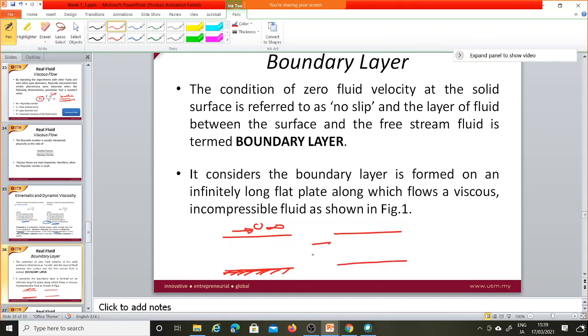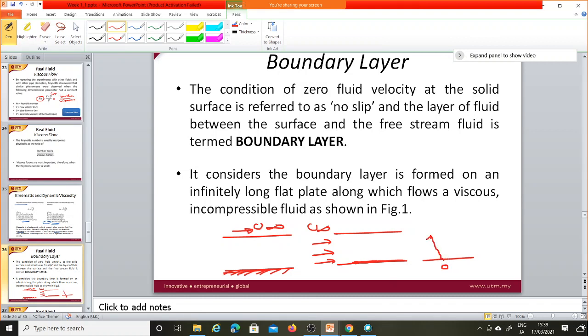You have the pipe and the flow is here. If the flow is u infinity, a layer of fluid will be attached to the wall. In this case, your velocity profile at the wall should be 0, but away from the wall you should have u infinity.